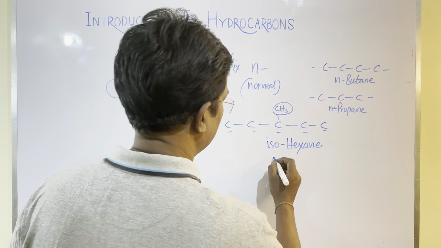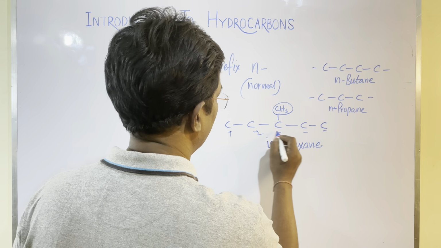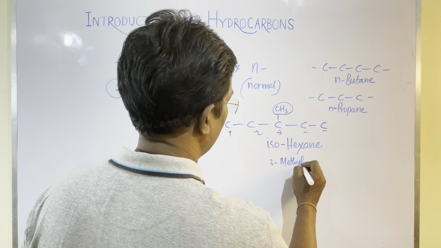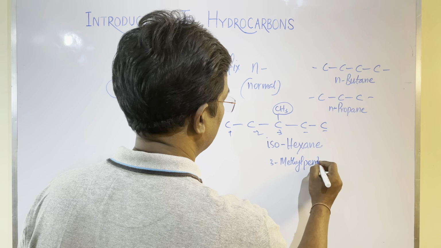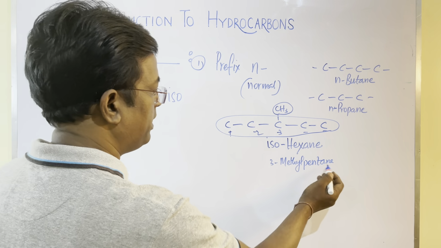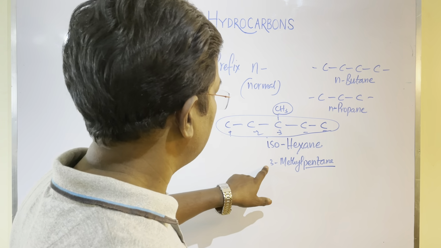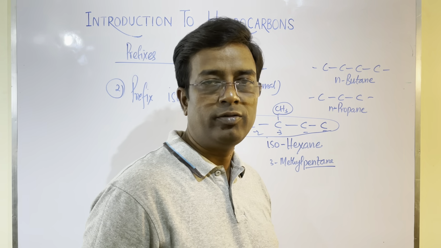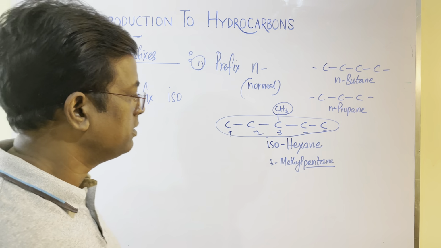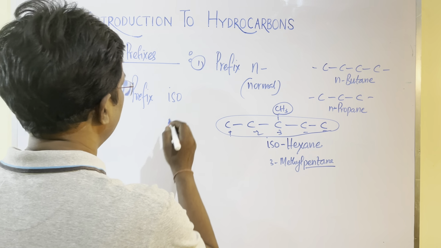Or the IUPAC name will be 3-methylpentane. The longest chain contains 5 carbons, so pentane is the parent name and methyl is the substituent, which is attached to the third carbon. Don't worry about this nomenclature, it is easy. Just the next topic is this one, the nomenclature. Prefix iso is used.